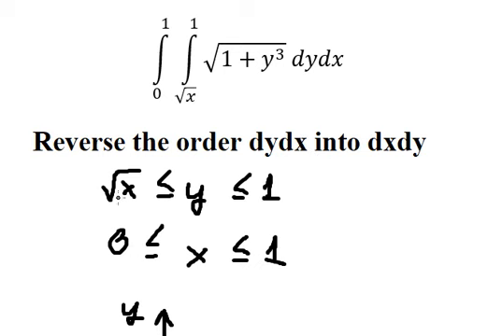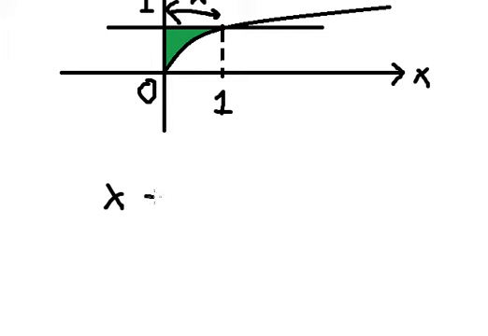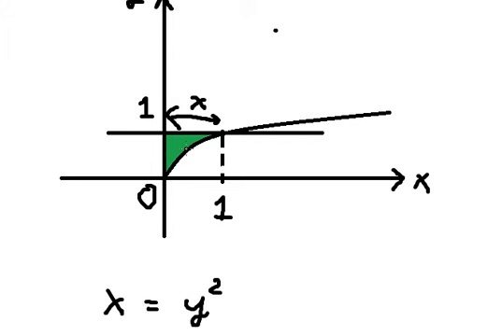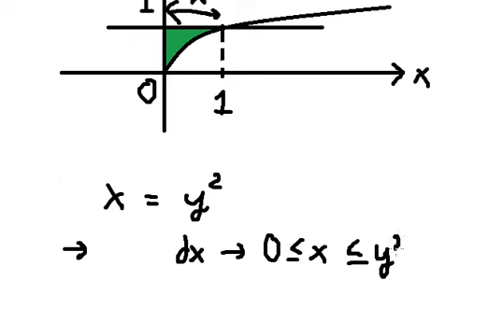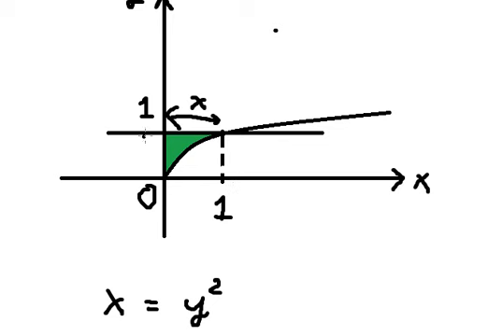So if we put the power 2 on both sides, we have x equal to y squared. So we see that x is smaller than or equal to y squared and x is greater than or equal to number 0. So the bound for the x in here, that should be x is greater than or equal to number 0 and smaller than or equal to y squared, based on the graph in here. This one for y.